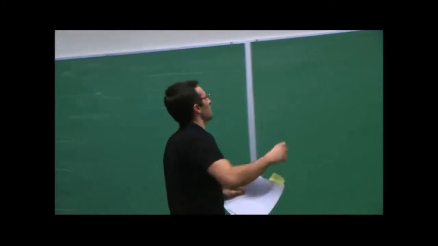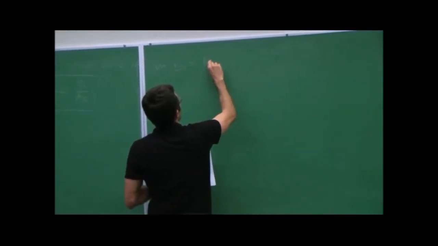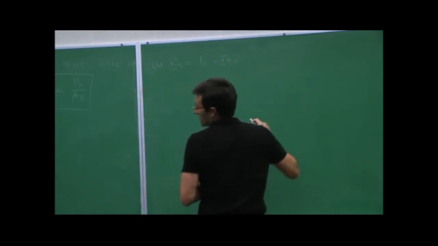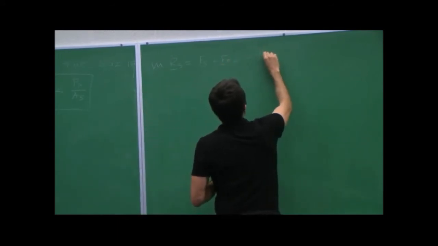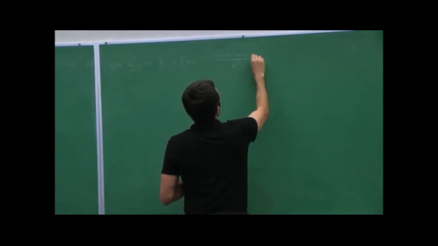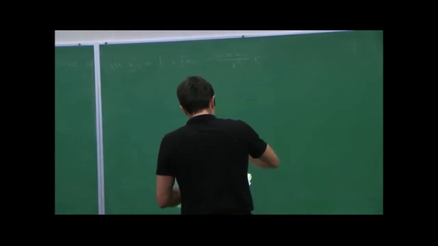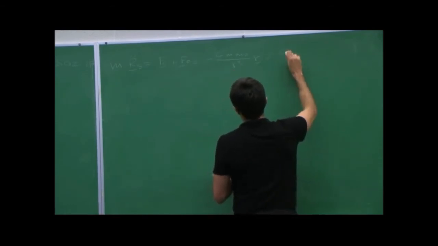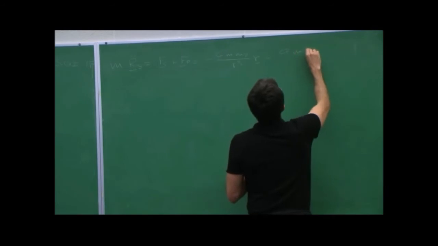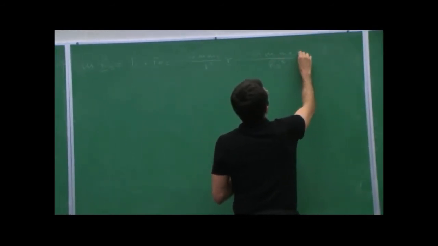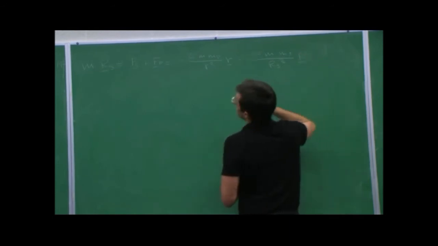So this is all the forces acting on the spacecraft, which is sun plus planet, which is minus G m of the planet over little r cubed times r, minus G m of the sun over R_s cubed, R_s vector.